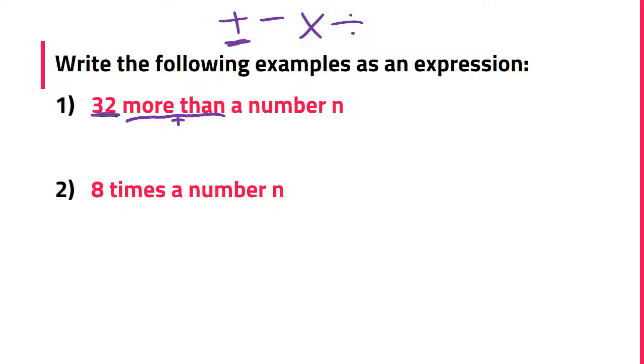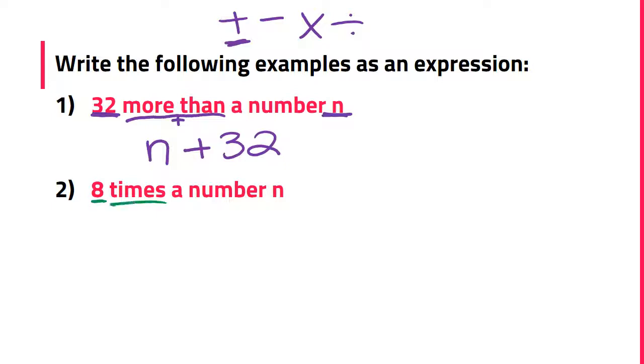I also have 32, and I have a number n. Taking out that key piece of information, 32 more than, I'm adding 32 on to the value of n. So we took the words and turned it into an expression. Let's take a look at example 2.